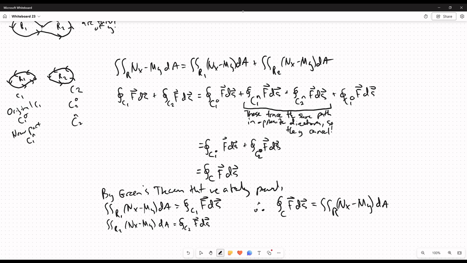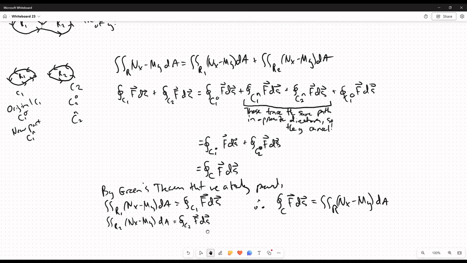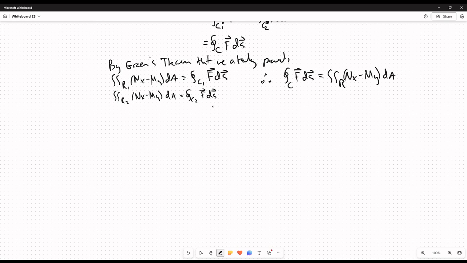Okay, now there's one last caveat, which we won't actually fully address. First of all, we showed this when we split it up into 2 regions. You can certainly do more than 2 regions. That won't necessarily break anything.